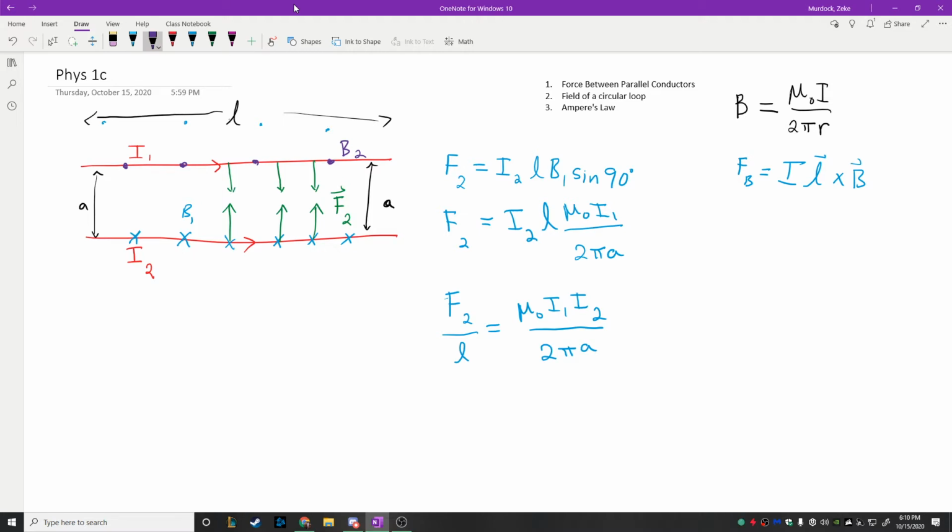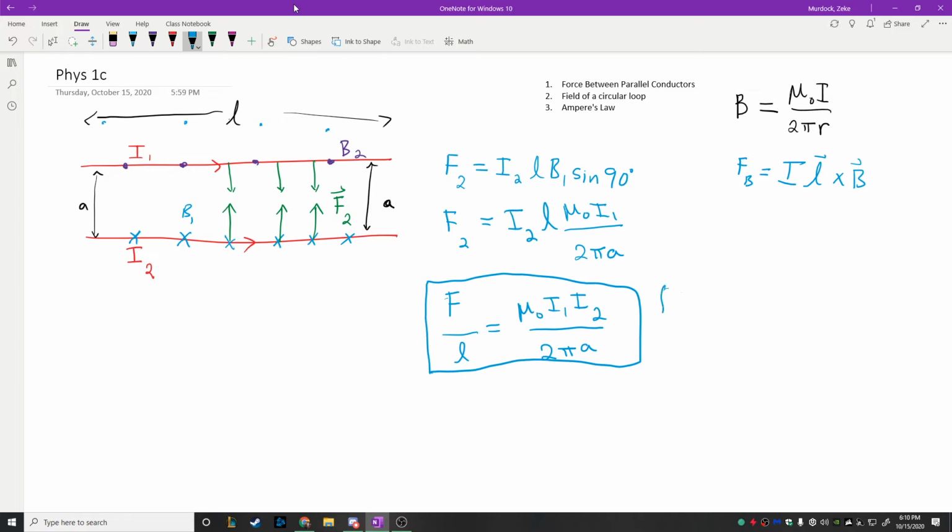Right? So you could say in this case that because the wires are carrying current in the same direction, this force ends up being attractive. If one of the wires had its current reversed, the force would become repulsive. So I'm going to drop this subscript here and just say that this is our general expression for the force between two parallel wires.